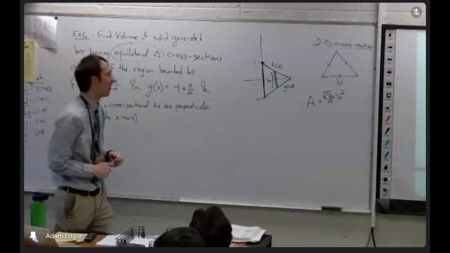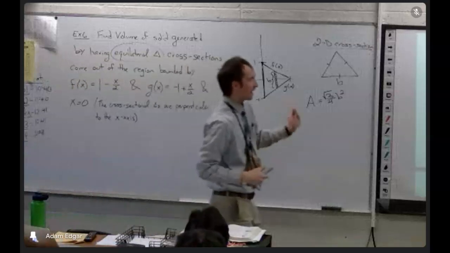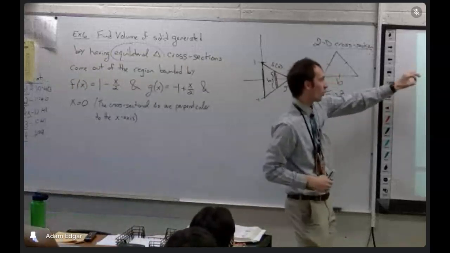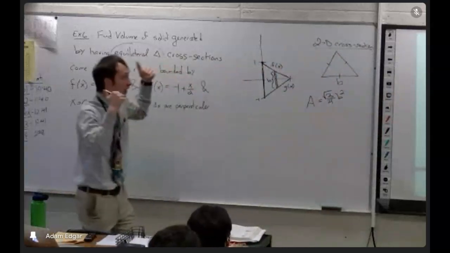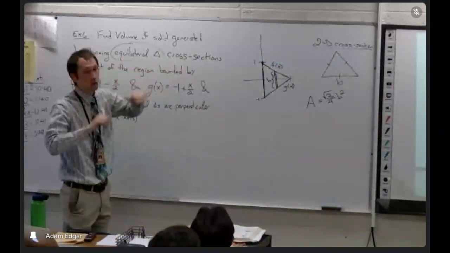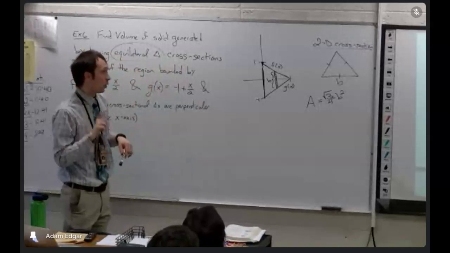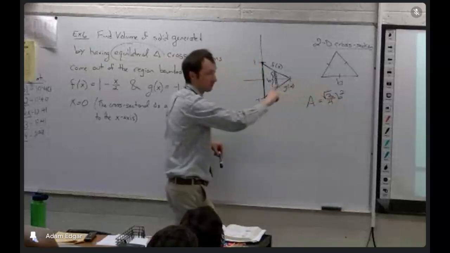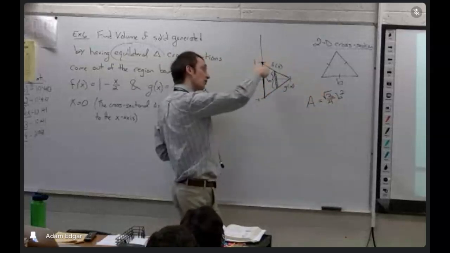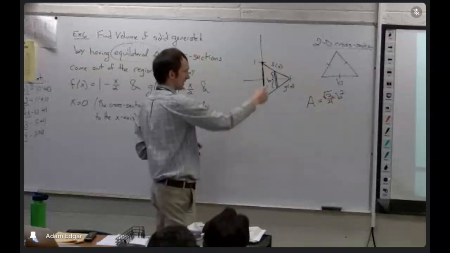All right, so anyway, back to here. You have your area for the cross-sectional triangles in terms of B. At this point, most of your heavy lifting is done. What you now need to do is replace B with some expression involving X. You come back over to here and say, what is the distance from the top to the bottom?